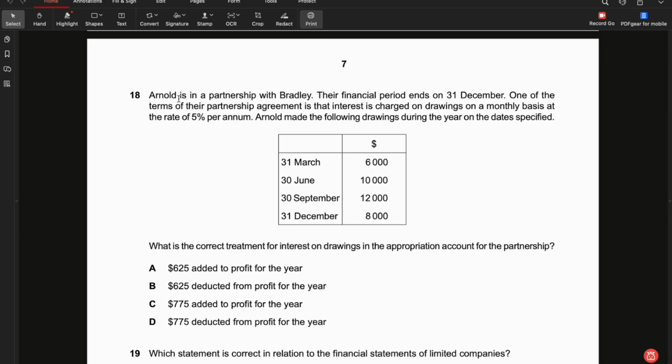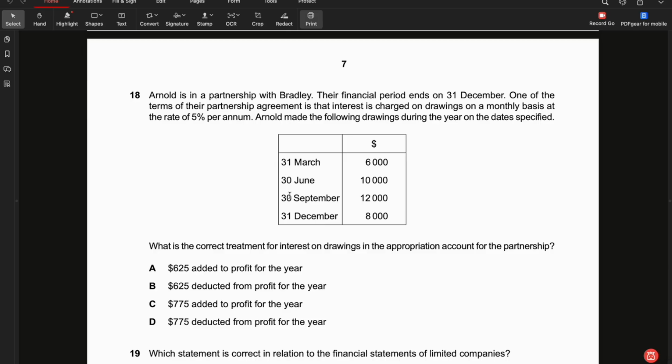18. Arnold is in partnership with Brandley. The financial period ends on 31st December. One of the terms of their partnership agreement is that interest is charged on drawings on a monthly basis at the rate of 5% per annum. Arnold made the following drawings during the year on the date specified.